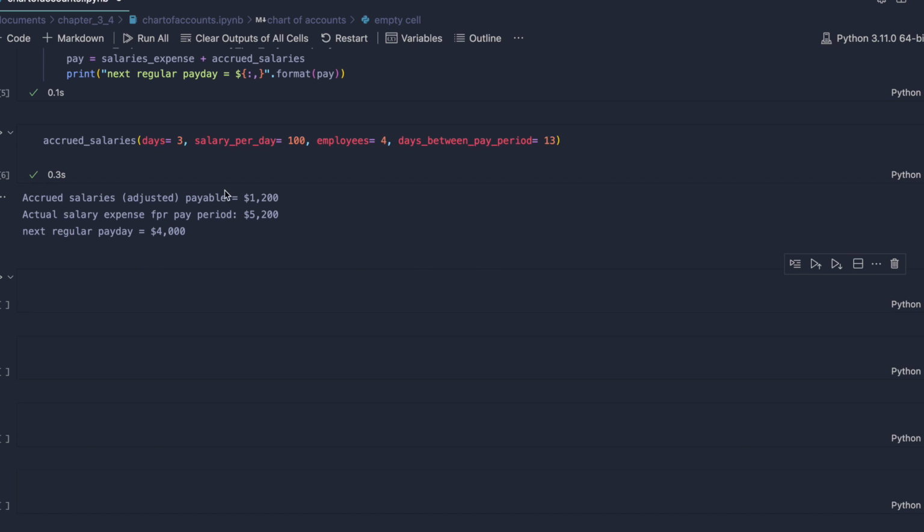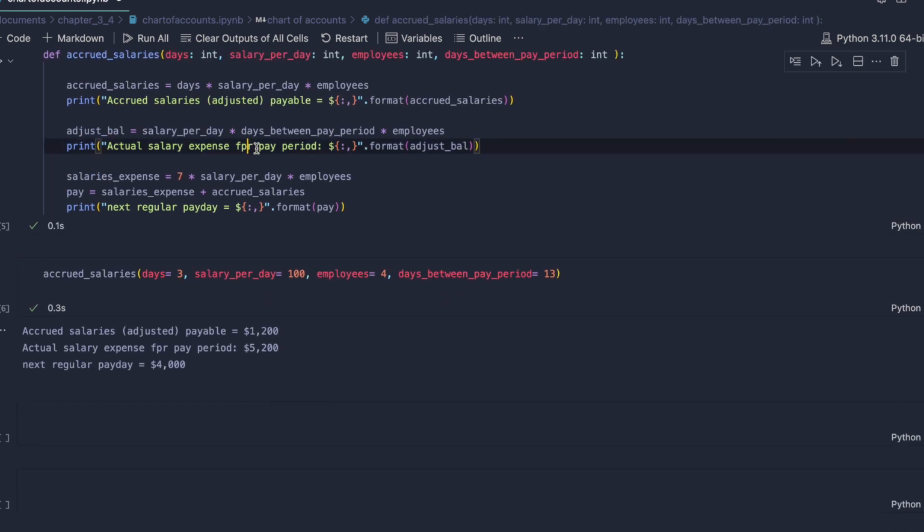You get accrued salary, adjusted payable of $1,200. Actual salary expense, oh, there's a typo. Actual salary expense for pay period is $5,200. Next regular payday is $4,000.